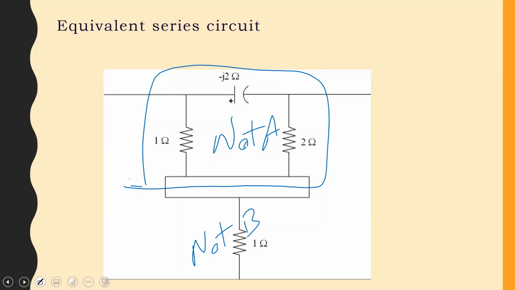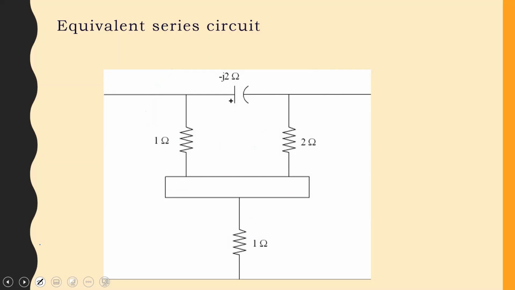And based on these networks, we see that the current entering here, however it operates inside here, is of no importance to us. What we know is that this current that enters there is the same current that's going to emerge from that point.